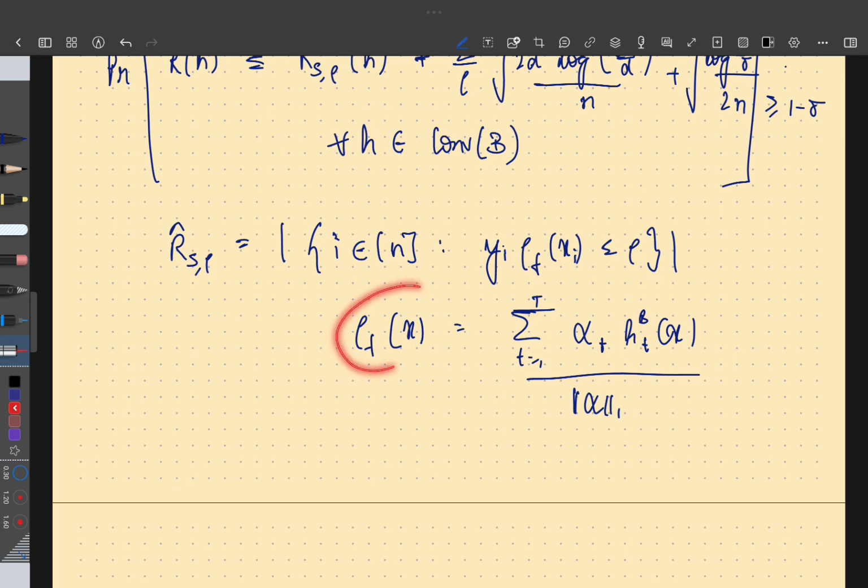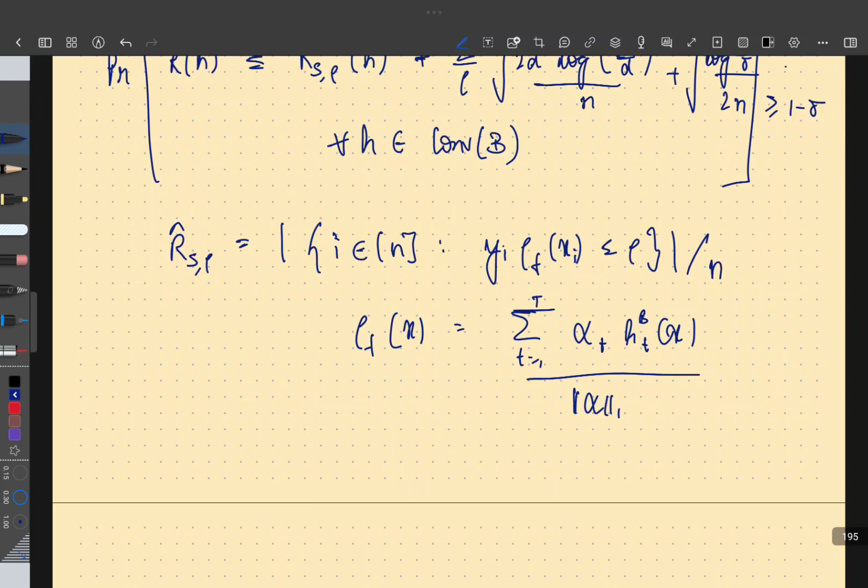So effectively rho f of x is just a normalized version of the linear predictor, except that I'm normalizing it by the L1 norm instead of the L2 norm that we saw when we discussed support vector machines. So this is the L1 normalized linear predictor, and this is effectively just the margin corresponding to it.